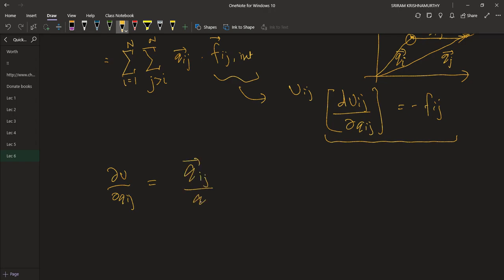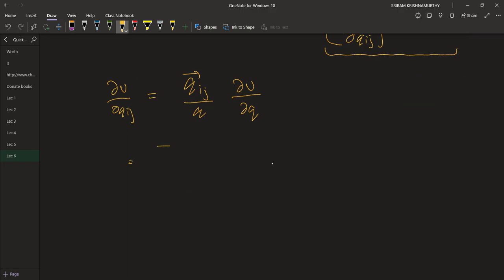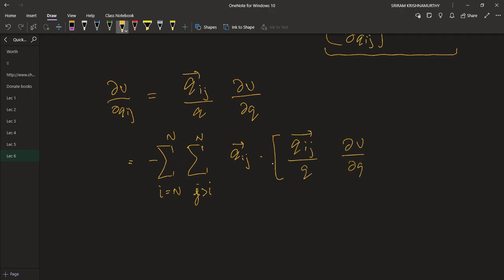So this dou U by dou Qij can be written as the magnitude times the unit vector, Qij vector divided by the magnitude of Q vector, or Q. So plugging it back into the equation, we get, so this Qij times Qij is basically Q square.